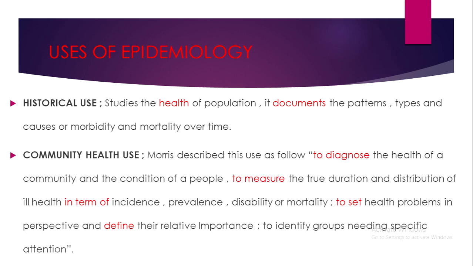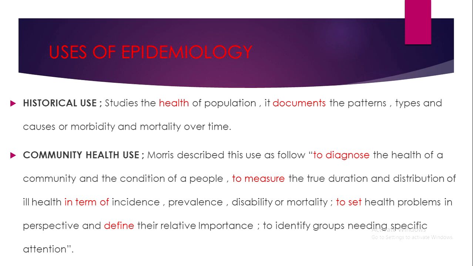Now, community health use. Morris described this use as follows: epidemiology can be used to diagnose the health of a community and the condition of the people. So why are we going to diagnose it? To measure the true duration and distribution of ill health in terms of what?